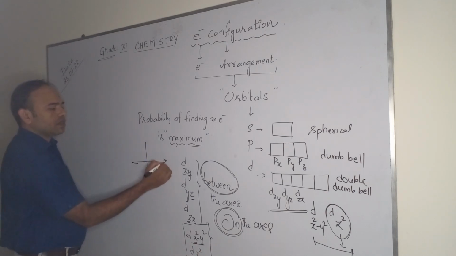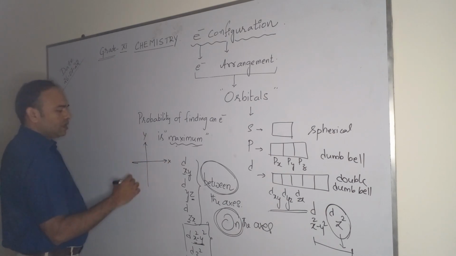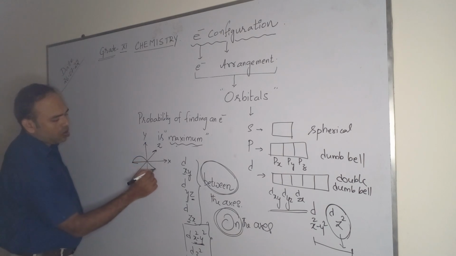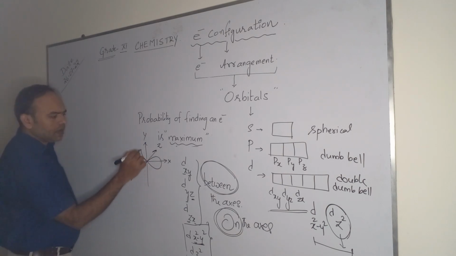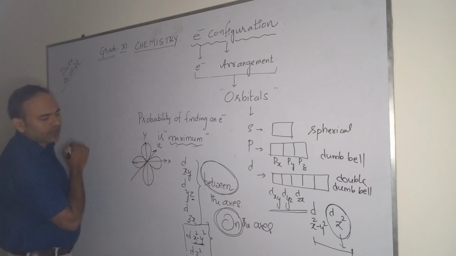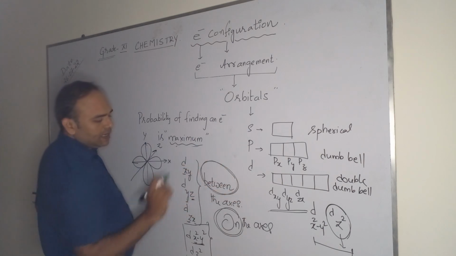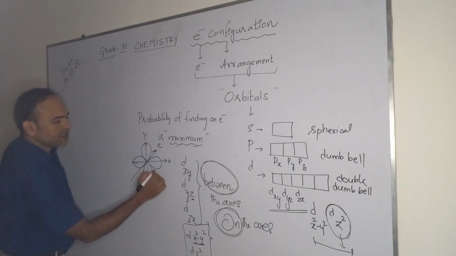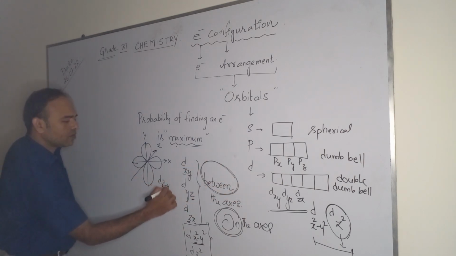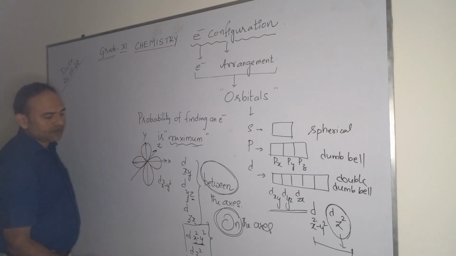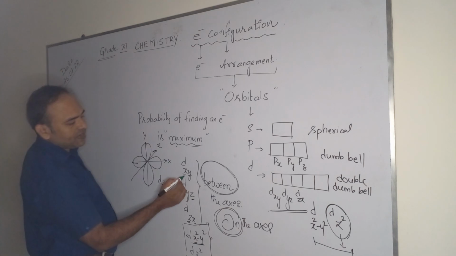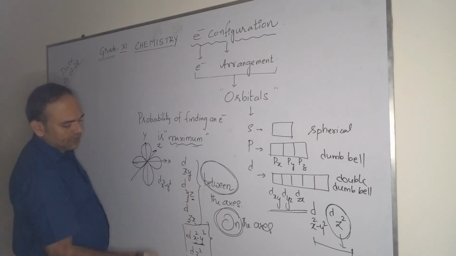So if I draw coordinate axes like this, x, y and z, on x axis like this, and this is on y. So one dumbbell, second dumbbell, so the double dumbbell d can be written as dx square y square, because it is on the axis. I just want to show that difference only, but here it is between xy, yz and zx.